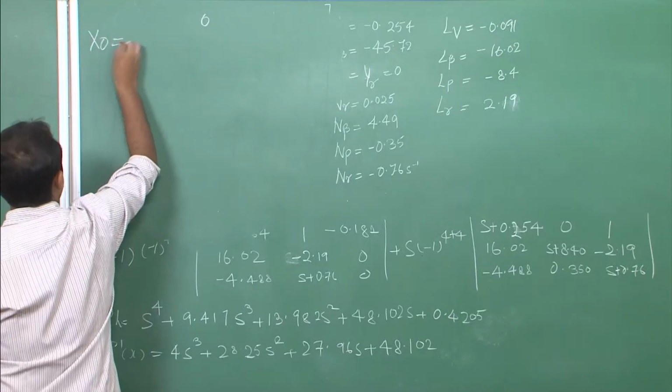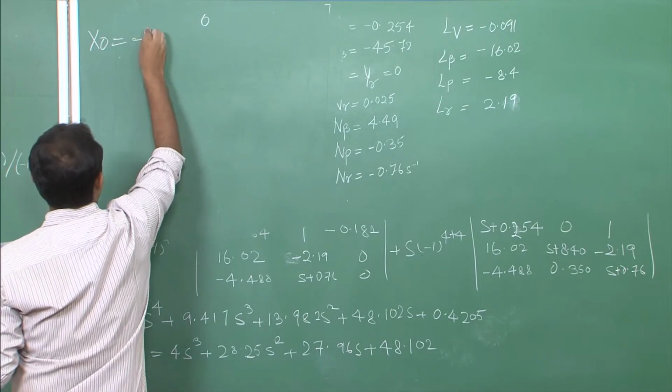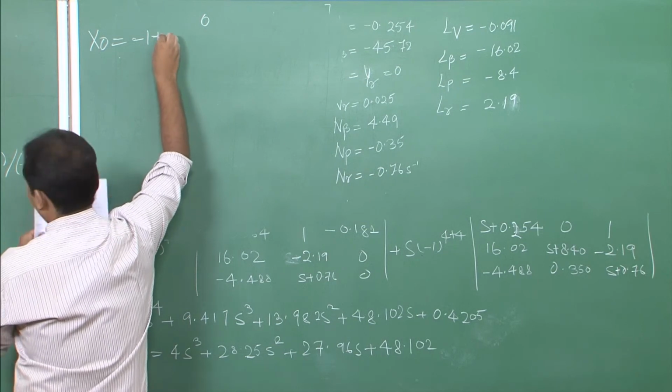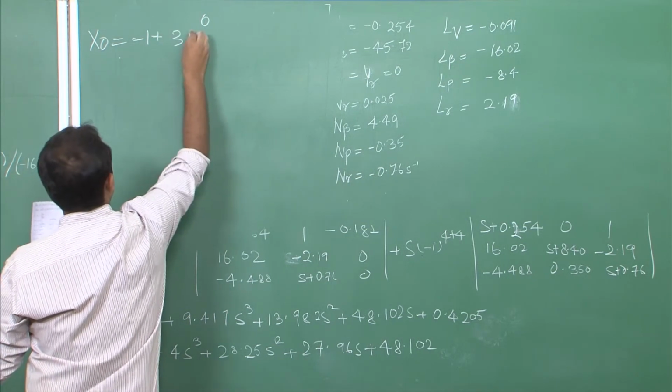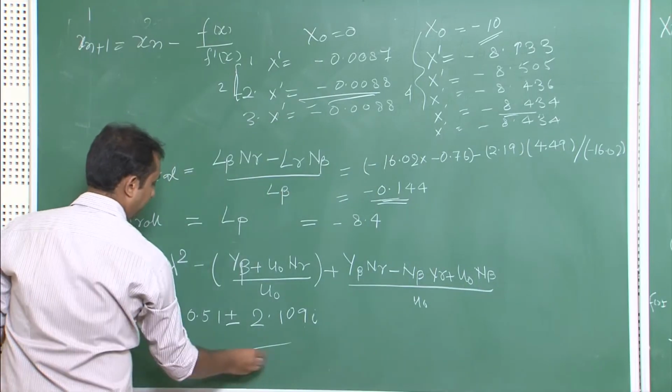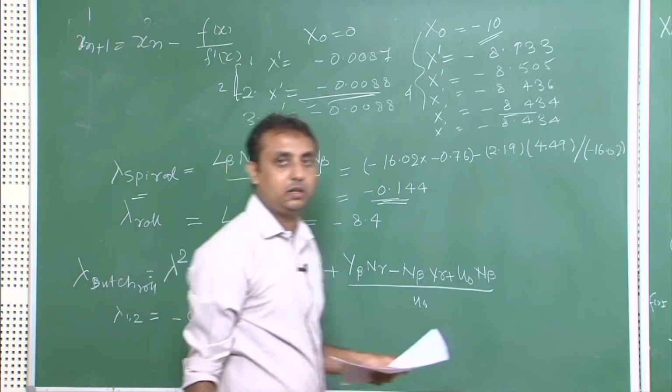Number of iterations required to reach the third root: let me put x equals minus 1 plus 3i, which is very close to the root we calculated using the approximate mode. Let me see how many iterations it requires.